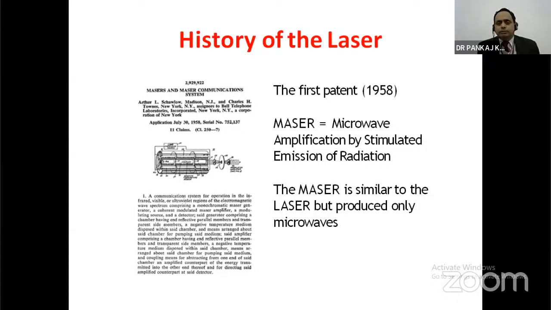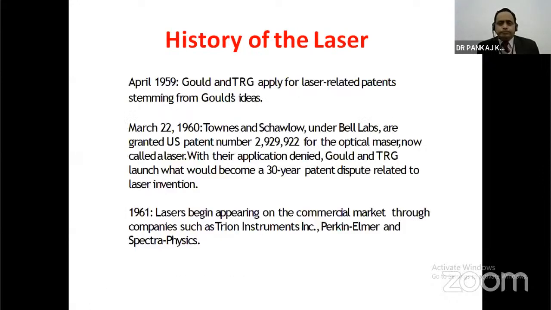So the first patent, already discussed, was in 1958. This is the first part. If you go through the history of the laser, in April 1959, Gould and TRG applied for laser-related patents stemming from Gould's ideas. On March 22, 1960, Townes and Schawlow under Bell Labs were granted US patent number 2929922 for the optical maser, now called a laser.